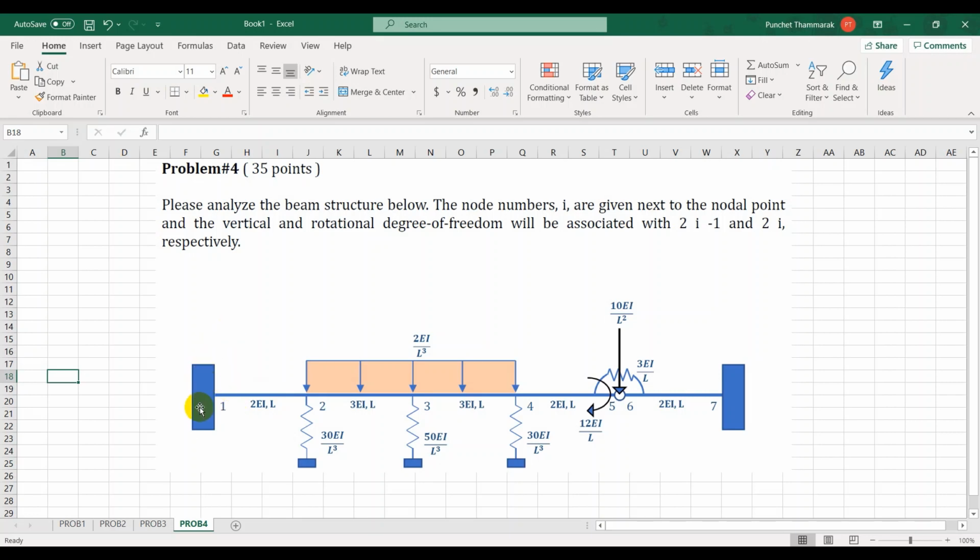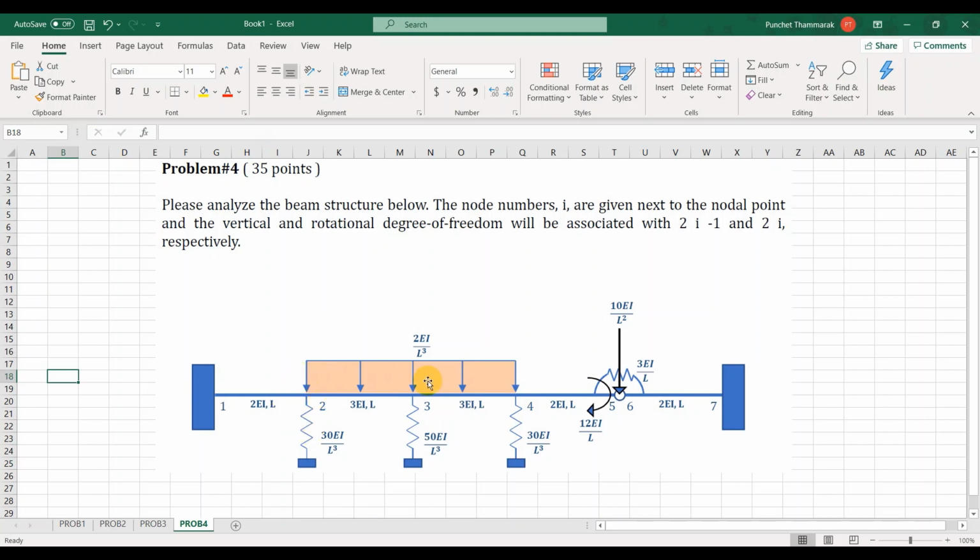And the rotational degree of freedom will be given by 2 times the node number, so that's going to be 2. So for here, the vertical displacement degree of freedom will be 2 multiplied by 2, which is 4, minus 1, then we get 3. And for rotation will be 2 multiplied by 2, which is 4, right?